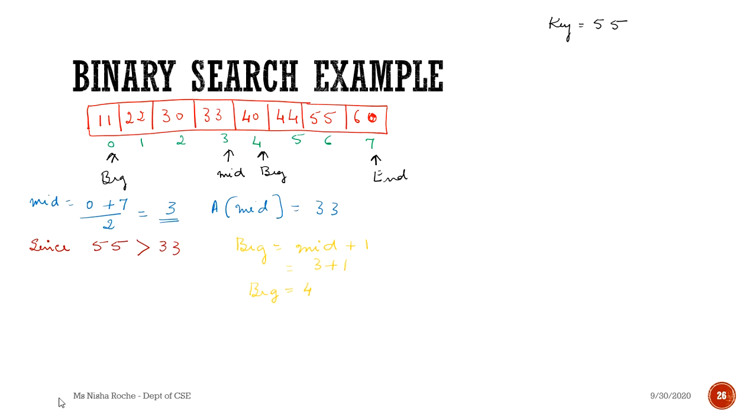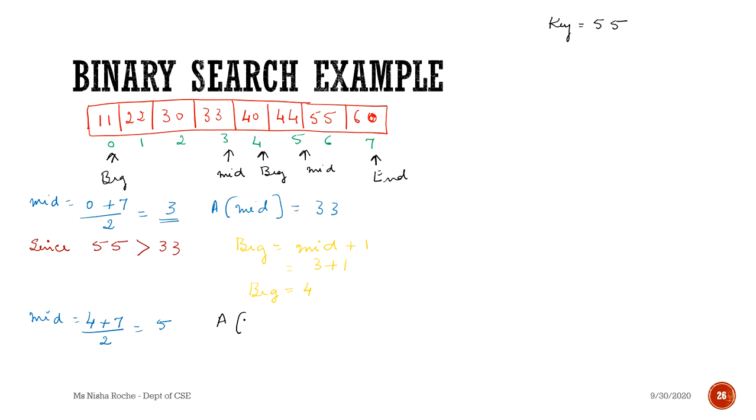Now you have the beginning and you have the end value with you. You can easily find the middle element. So middle element will be, beginning value is 4. 4 plus 7 divided by 2. 11 divided by 2 is 5.5, which is 5. So this is the middle element, this is the mid value.